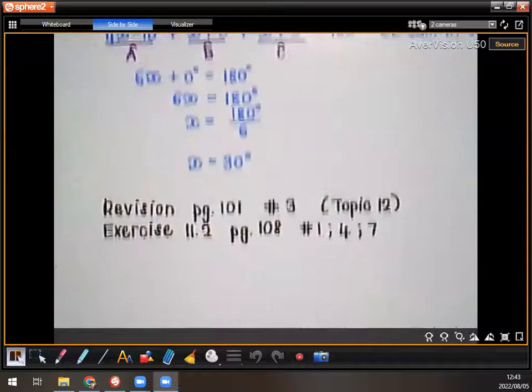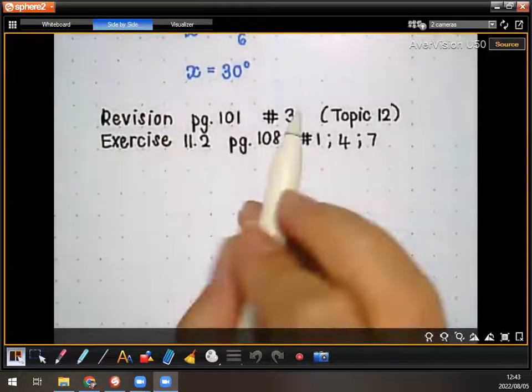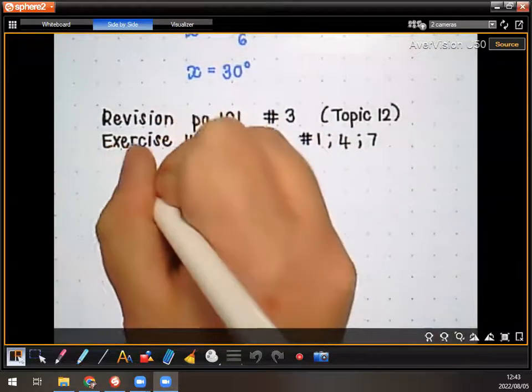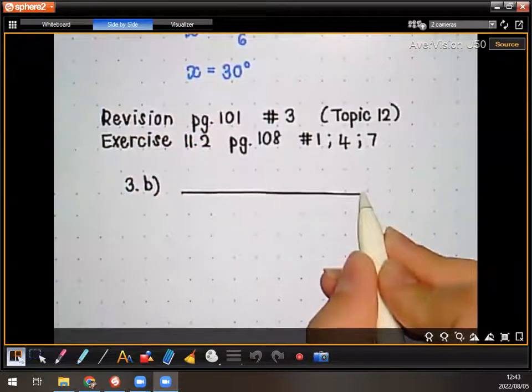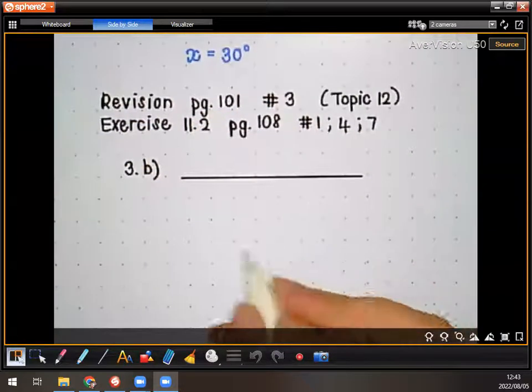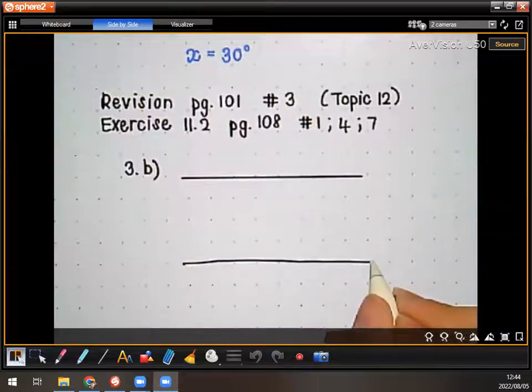Okay, guys, those of you that have the other book for 3B, I'm going to draw it and then you can just take a picture of it. Don't do the 3B that's in your books. Do the 3B that I'm drawing.